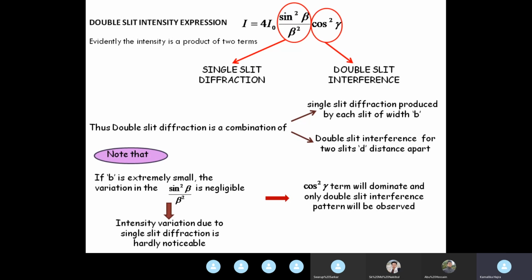What happens is that when these slits are extremely narrow, that is, suppose made by the tip of a pin, just about a little bit of light coming in, that is when you observe only the Young's double slit intensity pattern, and the diffraction variation is not observed at all.